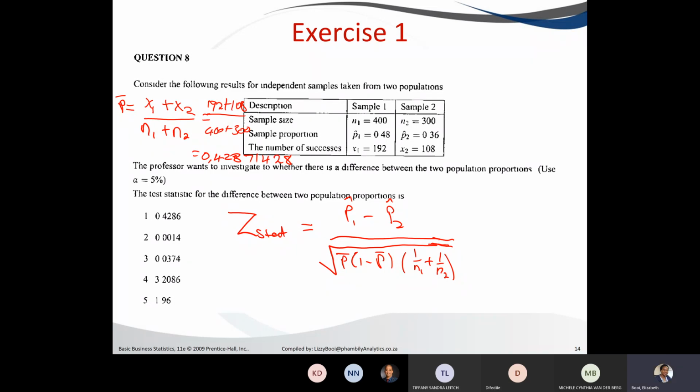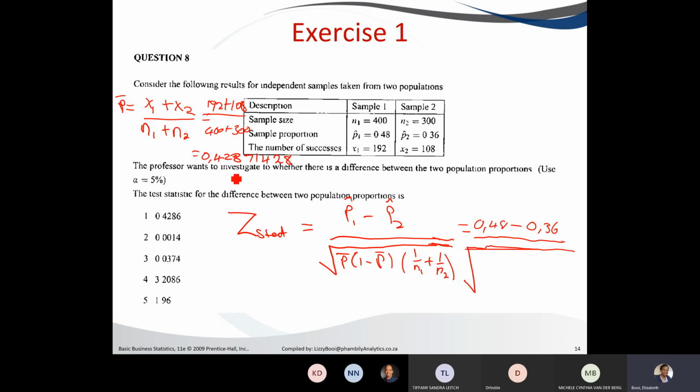At the top, our sample proportion was 0.48, minus 0.36, divided by the square root of everything underneath. So we take our point estimate.